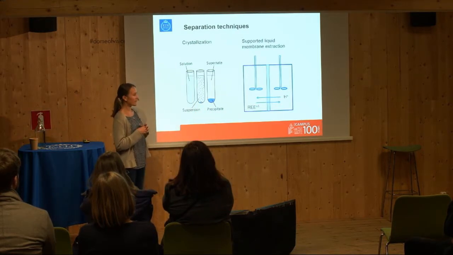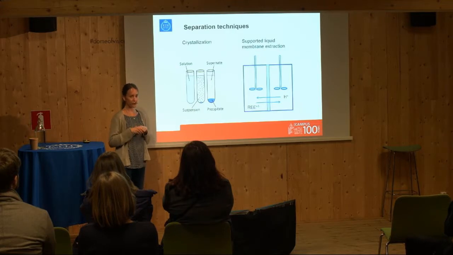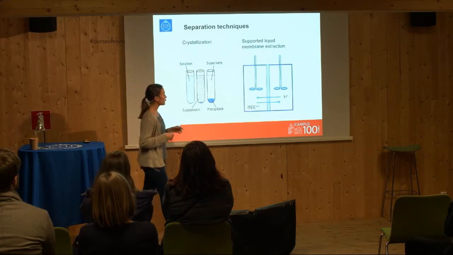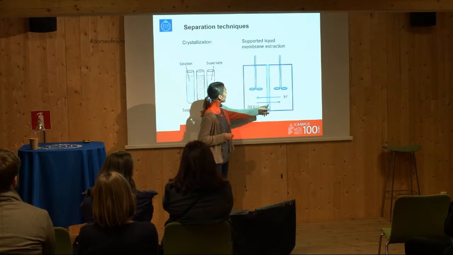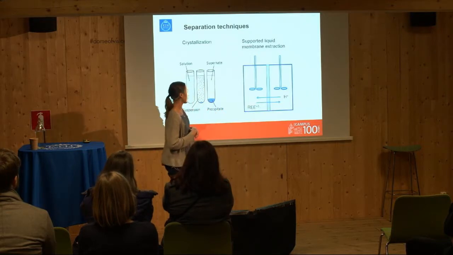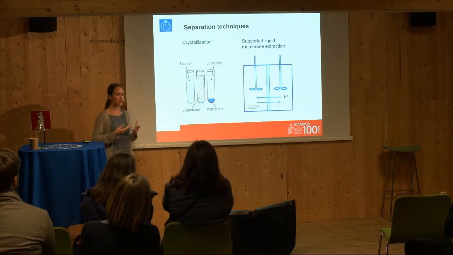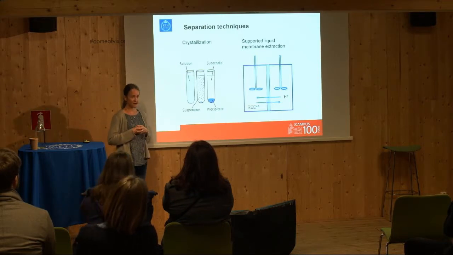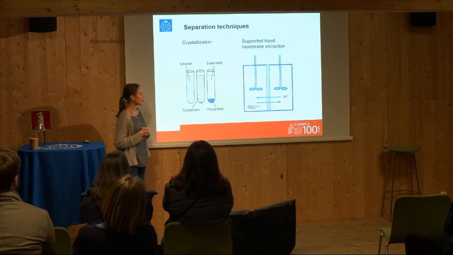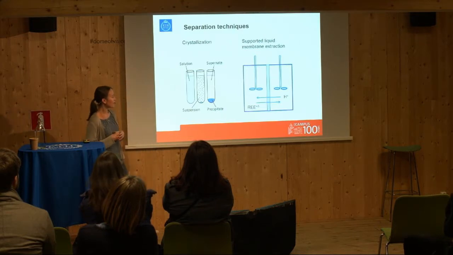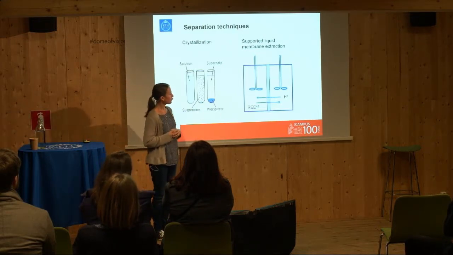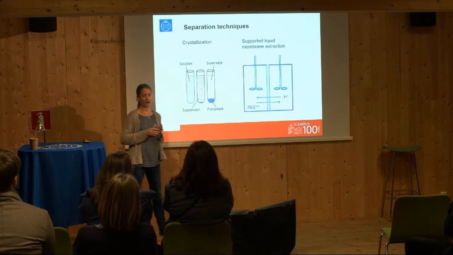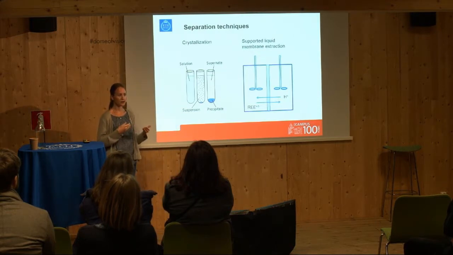And then these metal organic complexes diffuse over the membrane to the strip side where the conditions are different, so that the rare earth elements are released from the extractant molecules, and then you find them in the strip phase instead. So this is the principle of the separation, and we have put together one of these setups in our lab with a flat sheet membrane so that we can study the transport of the metals over the membrane.